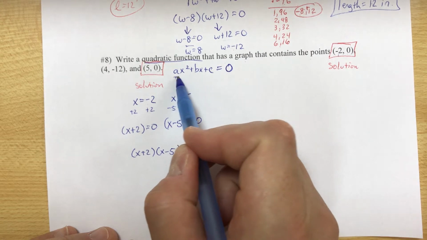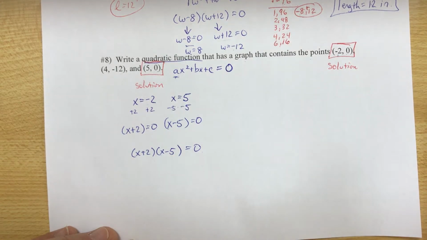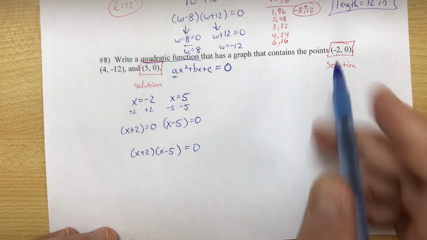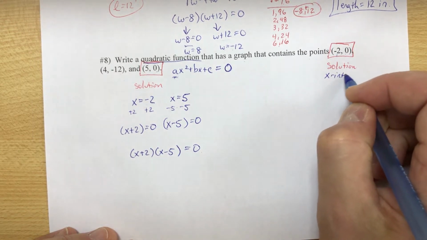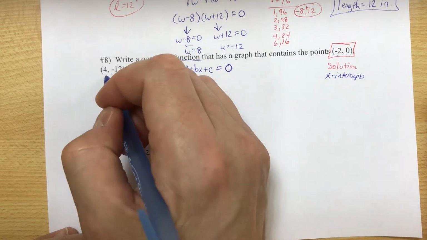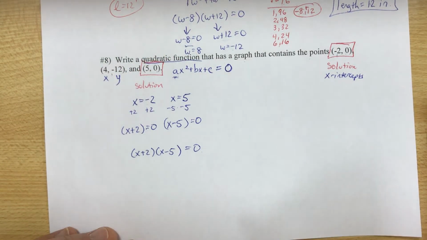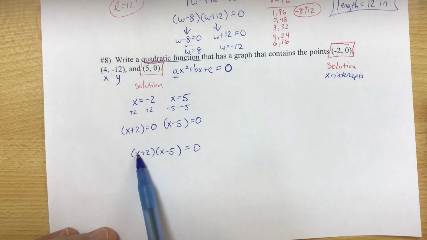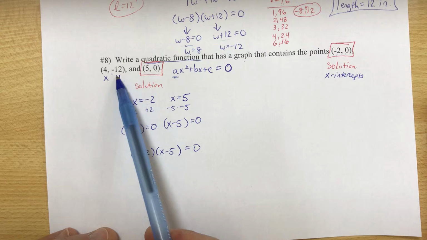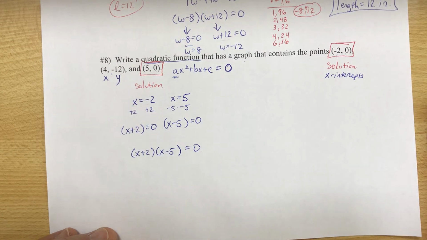There's probably another number here, a lead coefficient. So notice that they give us two solutions, two x-intercepts, but they give us a third point. They give us 4, -12, which is an x and a y. That means if we substitute a 4 for x, we should end up getting a -12 for y.